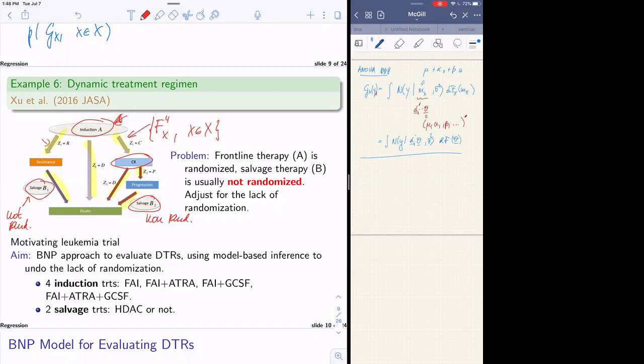Same way here, let's call this F super 1, the distribution of transition times from induction to resistance. And again, we need a prior on the distribution of these transition times indexed by covariates. And so we need it 7 times.